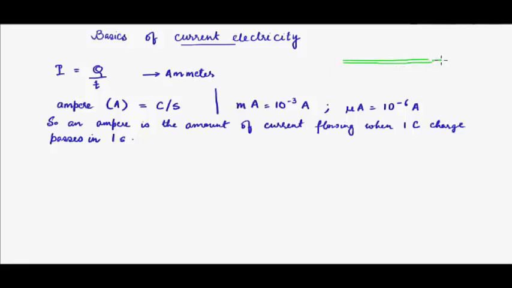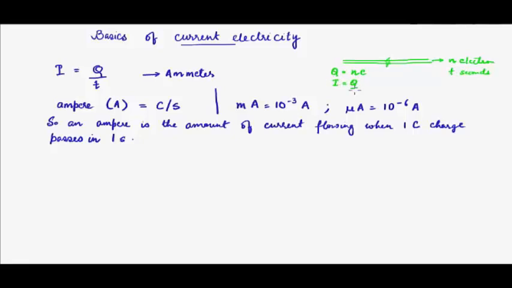Now let us confine ourselves to the example of a wire. Let's say we have a metallic wire, and let's say n electrons pass through a cross section in t seconds. So what will be the current in this particular scenario? Since there are n electrons, the total charge will be n times e, where e is the charge of one electron.